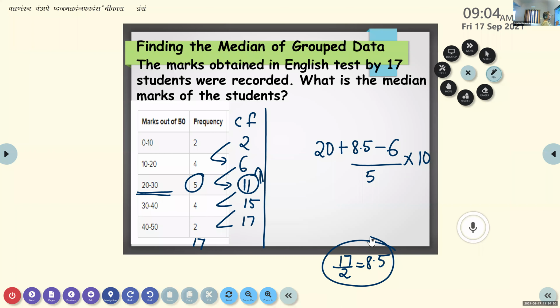The median class cumulative frequency we are not taking, but the preceding one, just before that one we are taking, divided by f, that is frequency of the median class, into 10, how we got, that is class interval width.